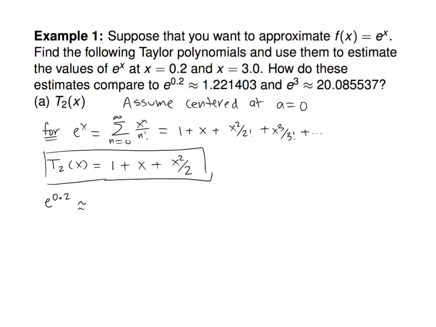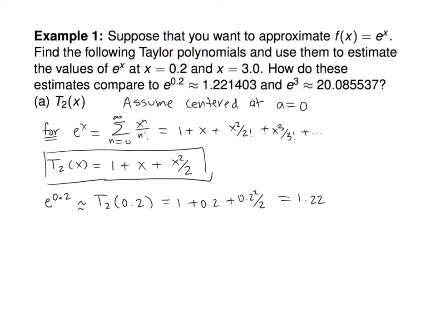Is going to be about equal to T2 of 0.2, as in plugging 0.2 into that polynomial. Does that idea make sense? So this would be 1 plus 0.2 plus 0.2 squared over 2, which comes out to be 1.22. So just 3 terms. This 1.22 isn't that far from the value a calculator would give you of 1.221 and stuff, right?